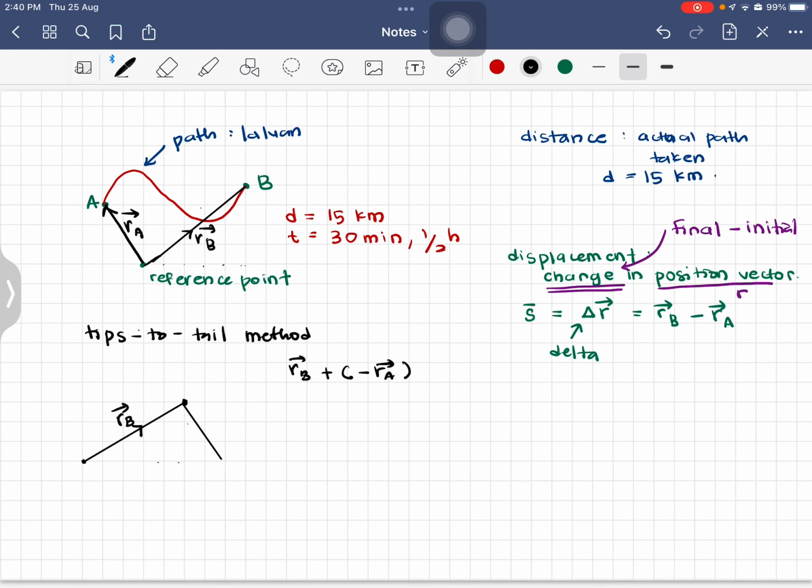Oh, wrong. My RB has to be higher. My RB reaches here. So, this is RB. Okay. So, my RA is something like this.